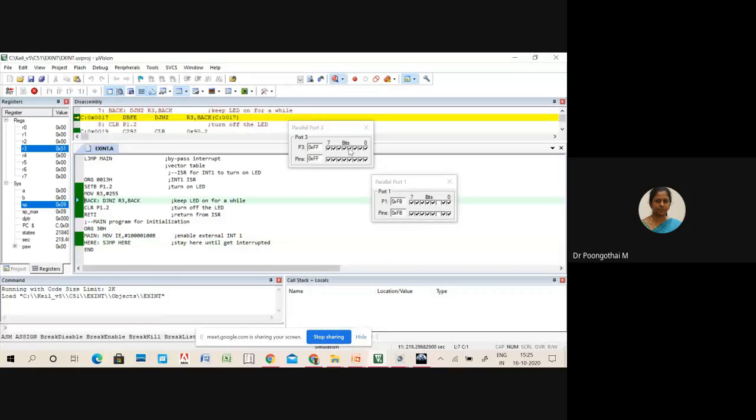I am going to trigger this P3.3. If it is triggered, your program control, so look at this cursor. Look at this cursor. Your program control is continuously transferred between main and the subroutine, interrupt service routine. So square wave is based on the interrupt signal.